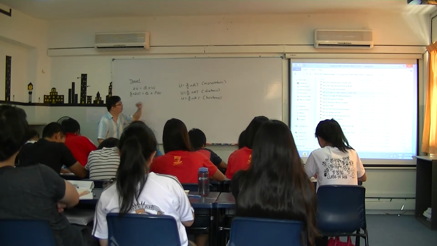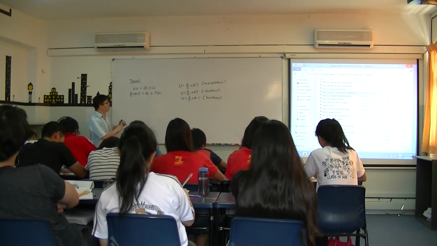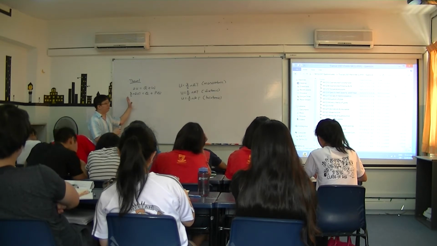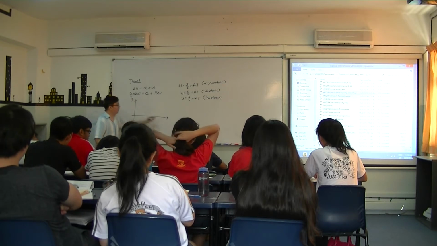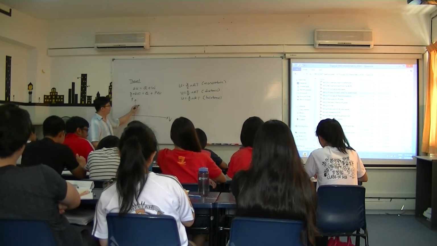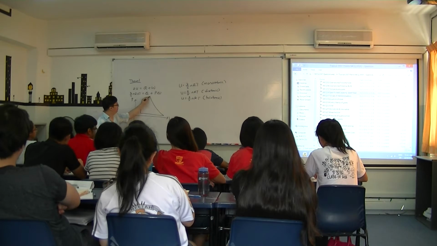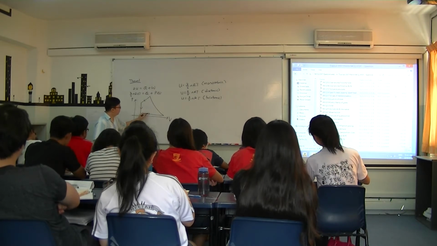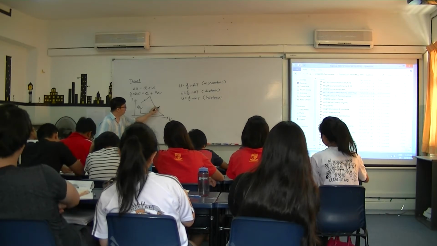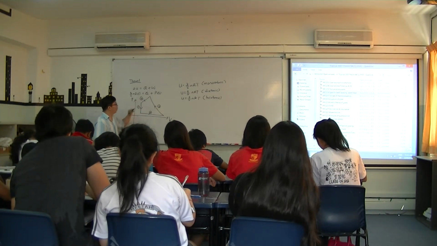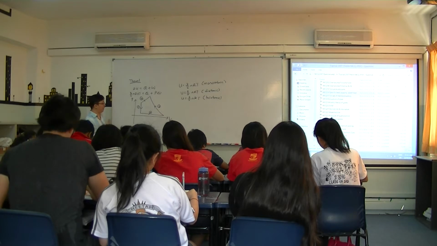After this, what is the significance of knowing all these things? We need to use this knowledge to explain the PV graphs. This process 1, process 2, process 3, process 4. Now listen carefully.